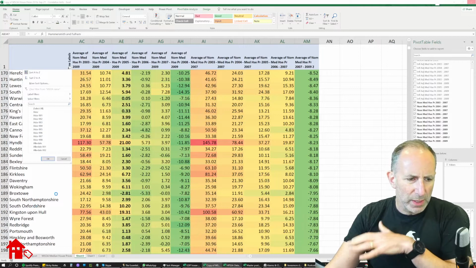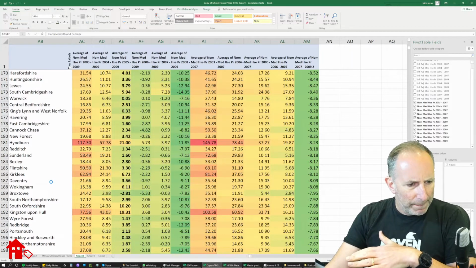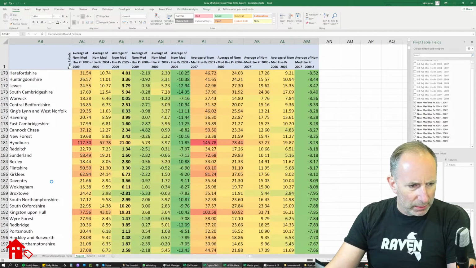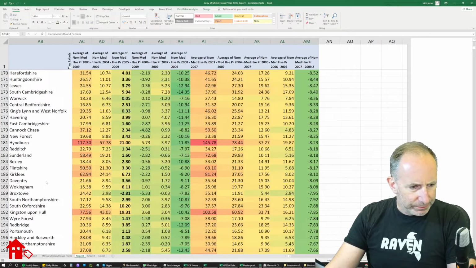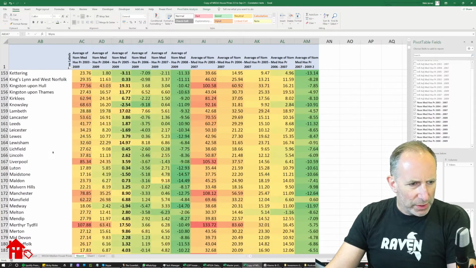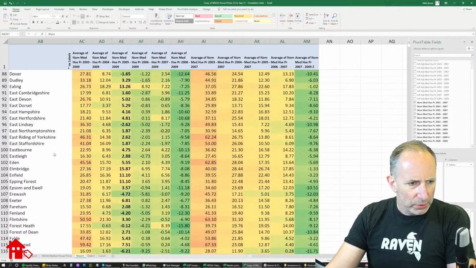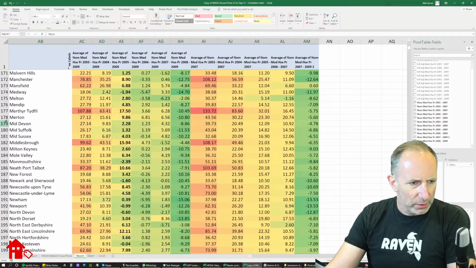We'll talk about the economy stuff in a minute, but I'm just doing this by alphabetical order because that way it's easier to just see what's what. And there we go. All right, and if I go to Manchester or Stockport, A, B, C, D, F, G, H, I, J, Manchester, there we go.